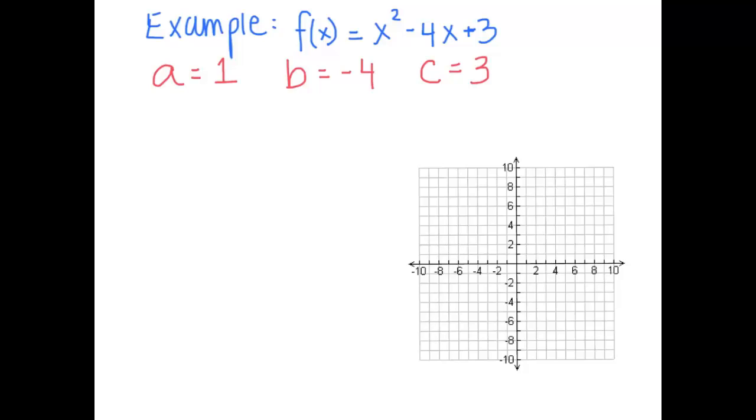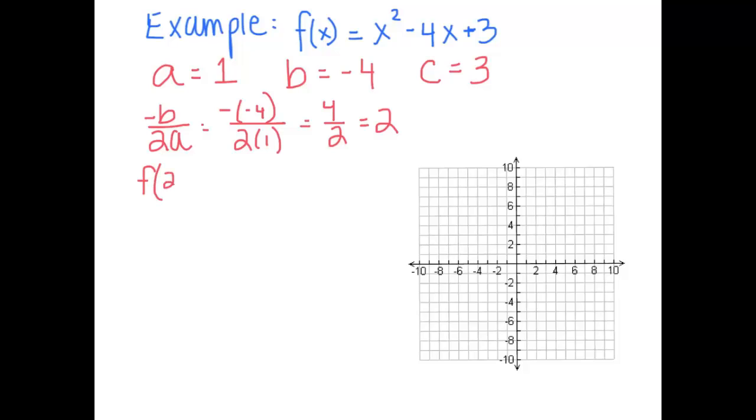So, let's use the formula we just talked about, negative b over 2a, to find the x-coordinate of our vertex. Negative b over 2a would be negative negative 4 over 2 times 1, which becomes 4 over 2, which is 2. We're not done though, we need to find the y-coordinate. So I would like to plug in 2 to our function.